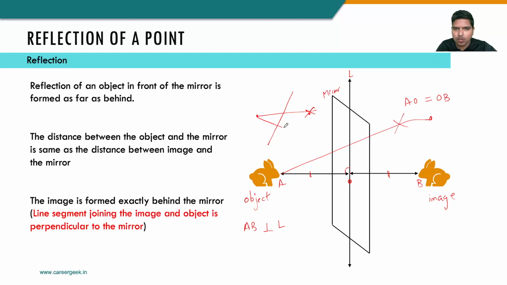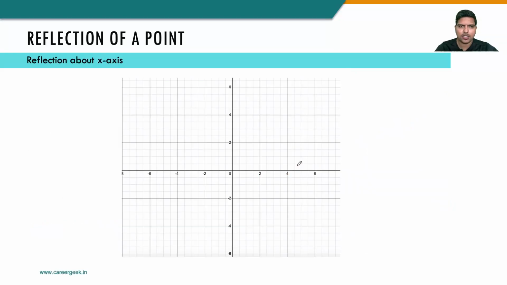Your image is going to form somewhere here. So that's exactly what these statements are saying. The line joining object and image is always perpendicular to the mirror. I hope the concept of reflection is clear.